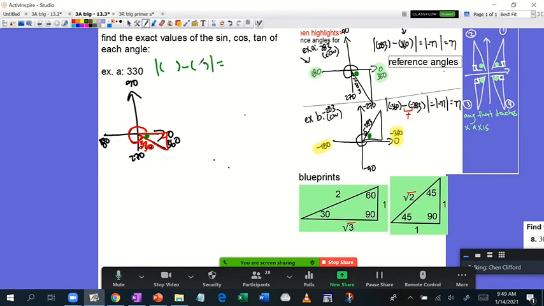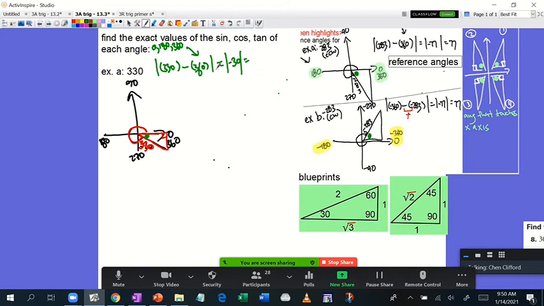And I'm going to put 330 here. You could put it anywhere. And remember, the numbers that go here are either going to be 0, 180, or 360. It's never going to be 90 or 270. So ask yourself, does 330 come closer to 0, 180, or 360? The answer is 360.